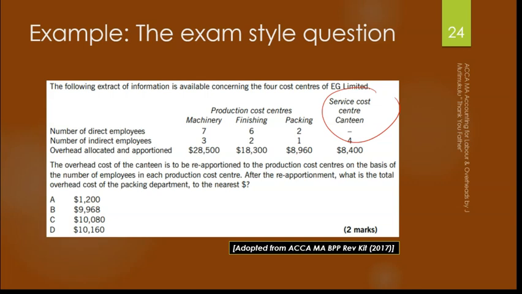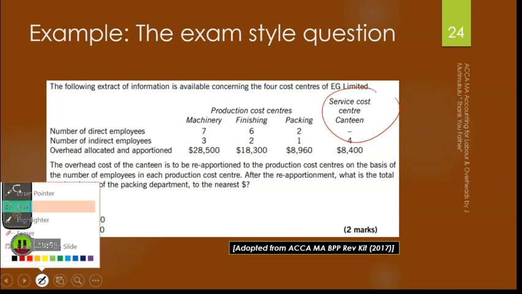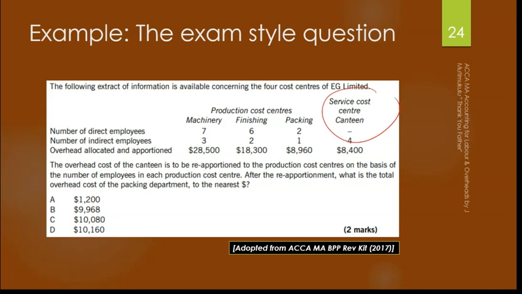So let us first determine the number of employees in the packing department. You can see that the packing department has got 2 direct employees and 1 indirect employee. So the total number of employees is equal to 3 in the packing department.